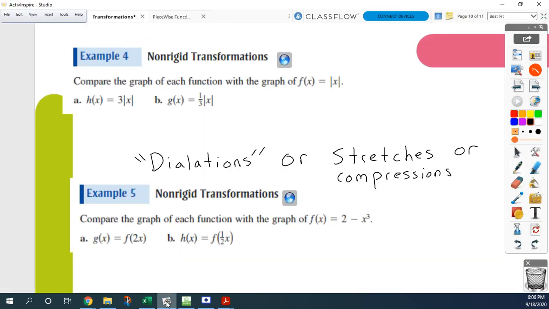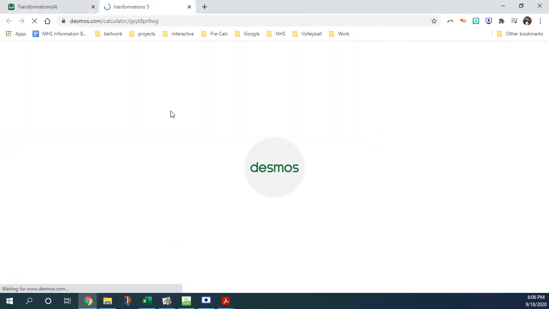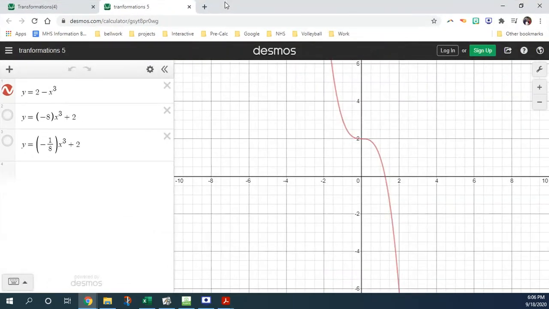All right, now let's look at maybe something that would matter if it's on the inside. So we have a 1/2. So we want to plug in a 1/2 into the inside of our function.